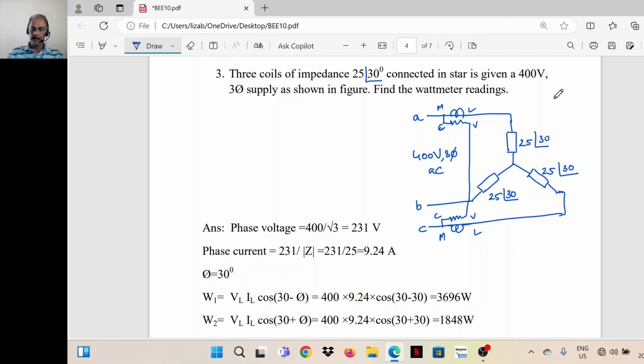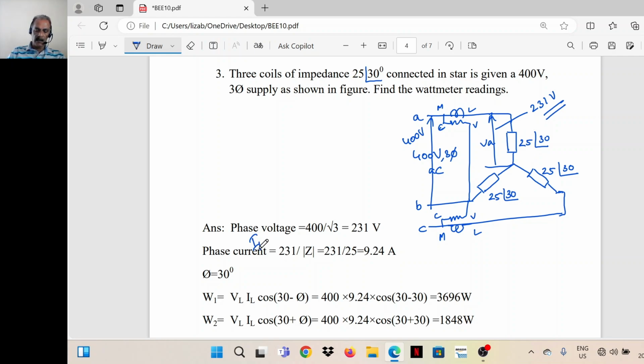Now we can find out the phase voltage. Line voltage is given, that is 400 volt. So phase voltage, this value, VAN or VA, is 400 by root 3, which is 231 volt. Impedance magnitude is 25. We can find out the current.